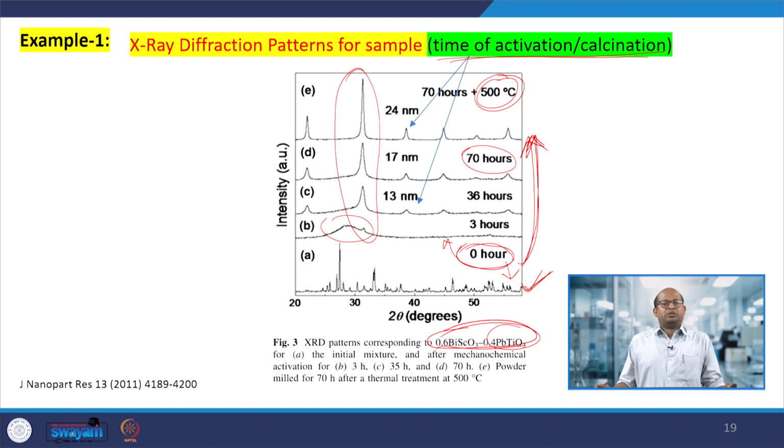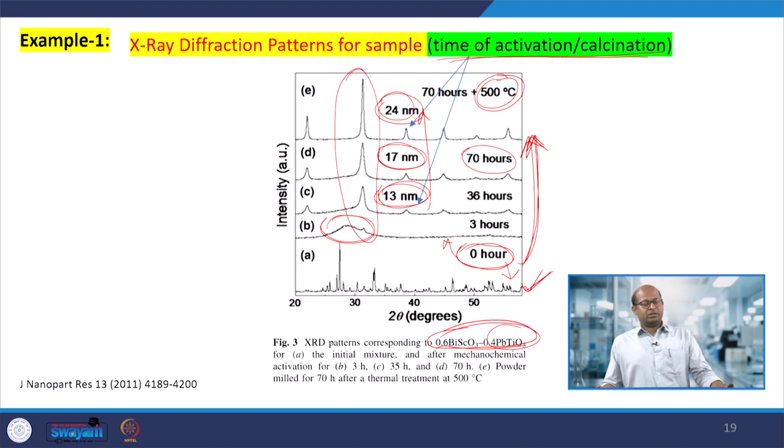If we increase the time of calcination, the material, which may initially be in the amorphous phase, gradually converts into the crystalline phase, and the crystallite size gradually increases. Initially it was very small or dispersed or maybe amorphous, then 13 nanometers, 17, 24 nanometers, that way. The material gradually agglomerated and the crystallite size gradually increases.